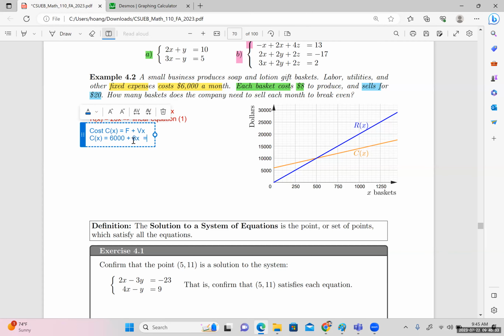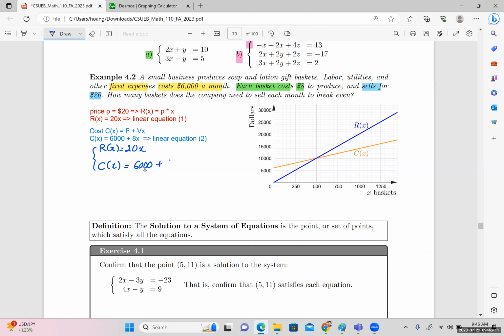So we have here a linear equation number 2. We combine these 2 equations: function number 1, the revenue equal to 20x, and the cost equal to 6,000 plus 8x.